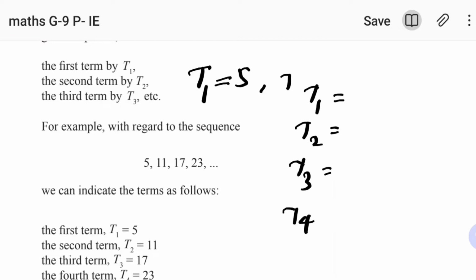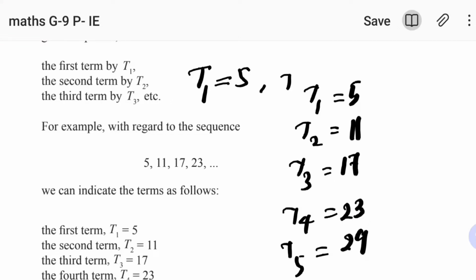Term 1 is 5, term 2 is 11, term 3 is 17, term 4 is 23. By looking at this, we know that term 5 is going to be 6 more than that, because the common difference looks like 6 in this pattern. So it's going to be 29. We'll have that in mind.